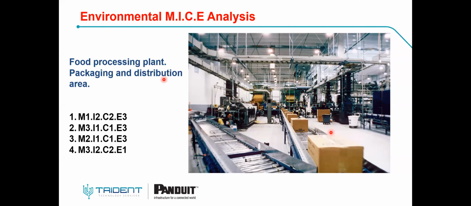Finally, for the electromagnetic, it is an industrial area, so you have electric motors. So you need to choose E3. E3 means that, due to the medium and high voltage included in your area, you need to choose E3. So the right answer for this example is M3, I1, C1, E3, which is suitable for your area.